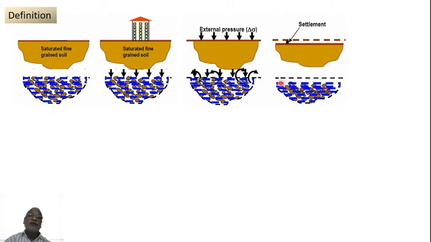The voids which were occupied by the water are now reduced because the water itself has gone out. Because of that, you find there is some kind of settlement. So this process, under a huge static load on saturated soil, where the water goes out and the volume reduces, is known as consolidation.